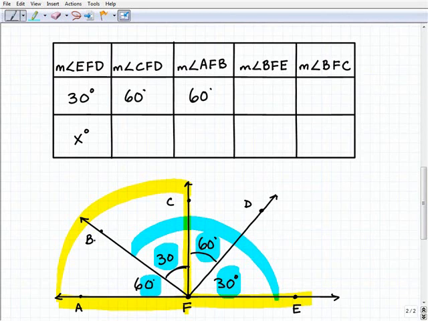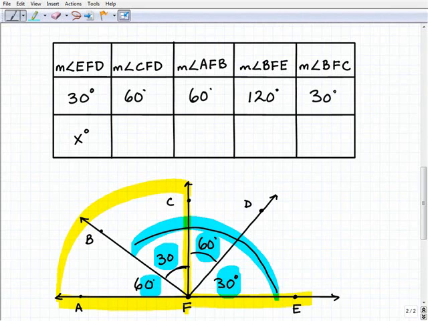We've got to reference our chart. BFE is going to be this total sum right here, so this is going to be 90 and 30. So that will be 120. And then we have the measure of BFC, and that's 30 degrees.